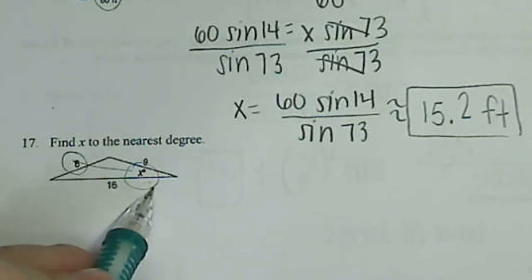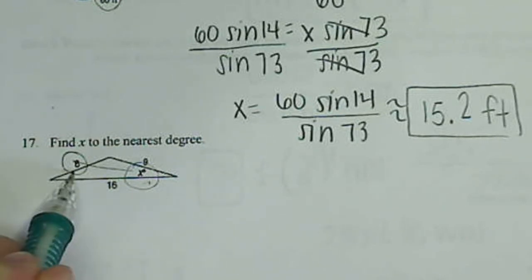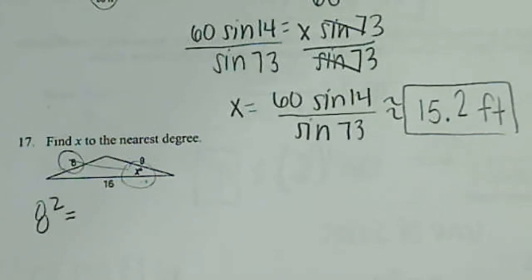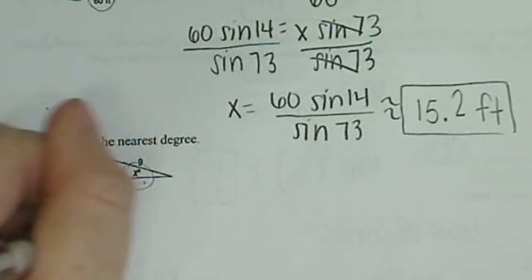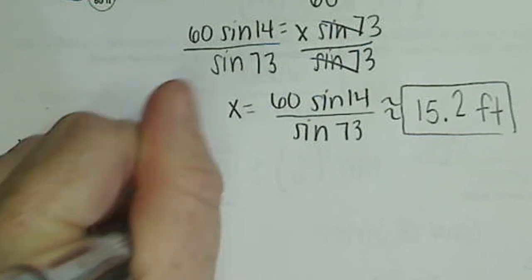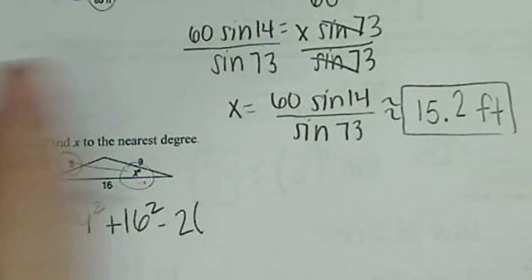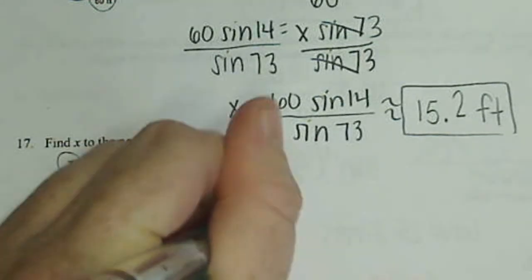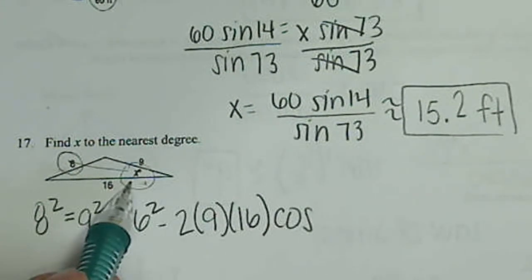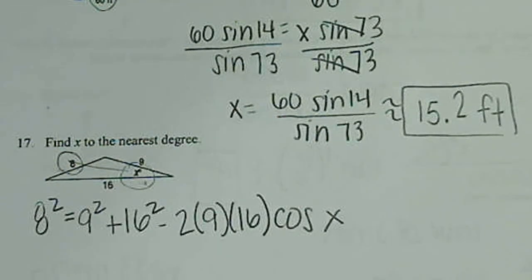Law of cosines says take this relationship here and the side, square it, and it equals the other two sides squared, 9 squared plus 16 squared, minus 2 times the product of those sides, 9 and 16, times the cosine of our angle that was across from it, x.